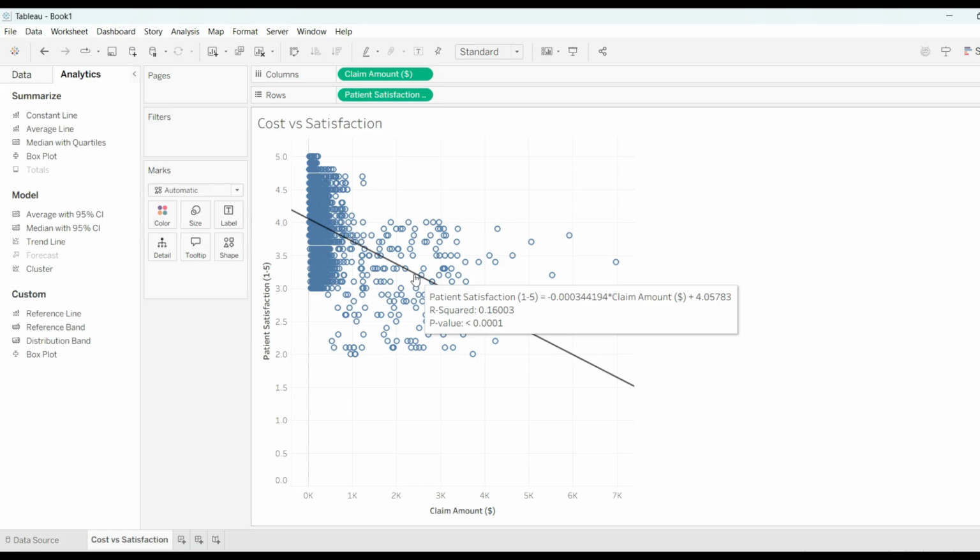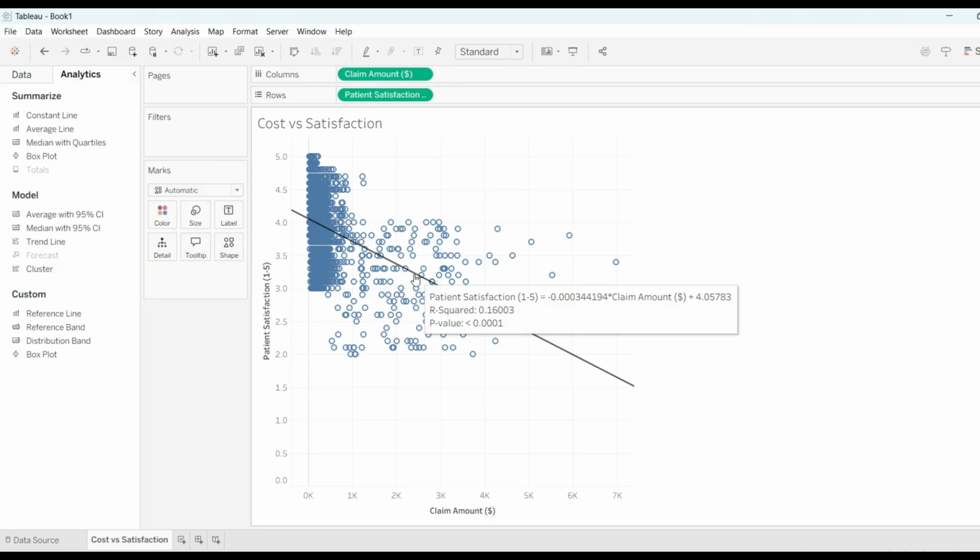Okay, R squared. R squared is the most important number on this tooltip. You'll see this value here, 0.16. What R squared is telling us is the proportion of variation in satisfaction that is explained by the claim cost. Okay?